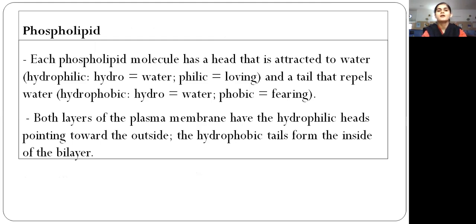So the head part of the phospholipid is the polar head, hydrophilic, water loving, and the non-polar tail is hydrophobic, water fearing. Both layers of the plasma membrane present the hydrophilic heads outward and the hydrophobic tails inside the lipid bilayer.